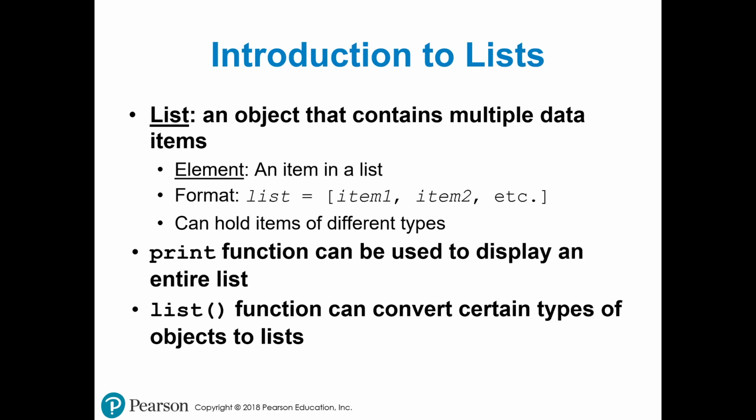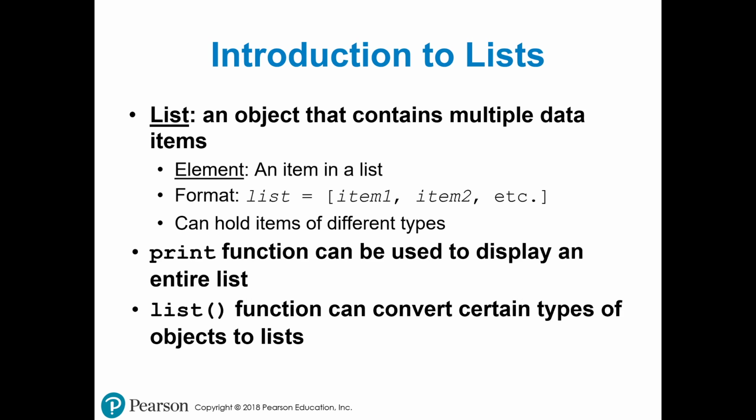Alright, so a list is an object that contains multiple data items. We've looked at lists in the past. We've used them quite a bit when we do loops. For for loops, remember we always loop over lists. An element is an item in a list, and to declare a list, you've seen this before, it's just the list name, equals, and then square brackets with a list of items in there.